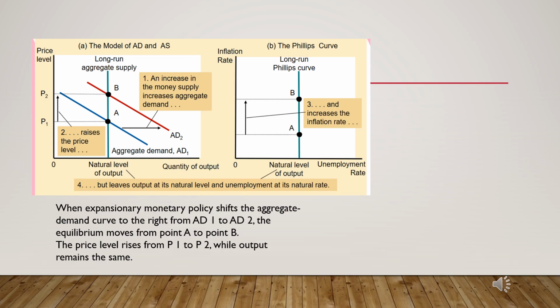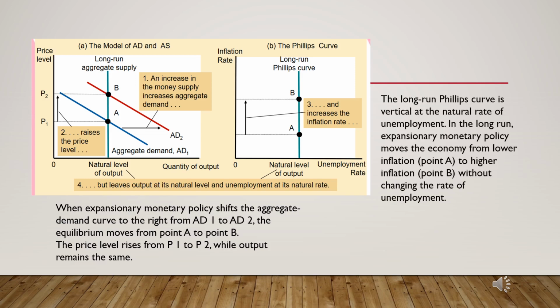In the second panel, the more rapid growth in the money supply raises the inflation rate by moving the economy from point A to point B. Because the Phillips curve is vertical, the rate of unemployment is the same at these two points.